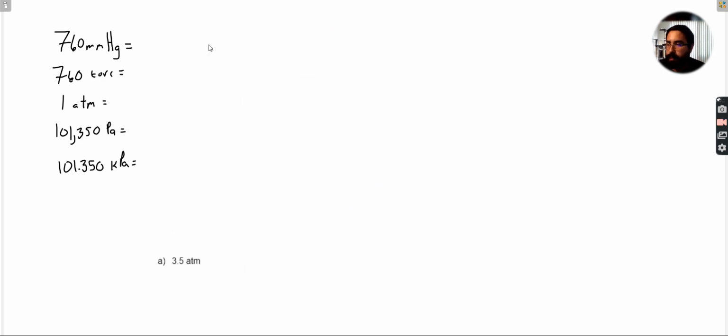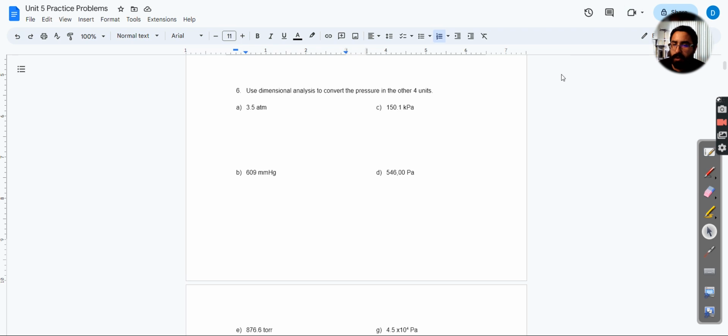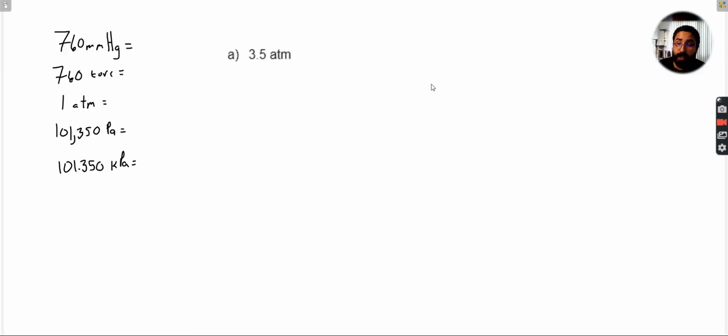All right, so if we have 3.5 ATM and we want to convert it to the other units, I'll convert it to 2 and then I'll say peace out. So 3.5 ATM is the same thing as 1 atmosphere at the bottom, and we'll turn it into mmHg.